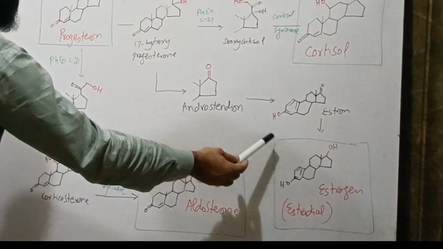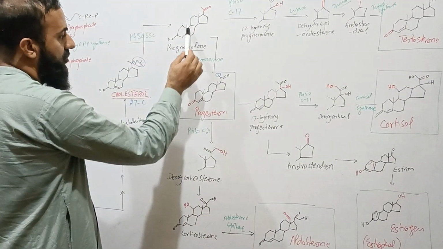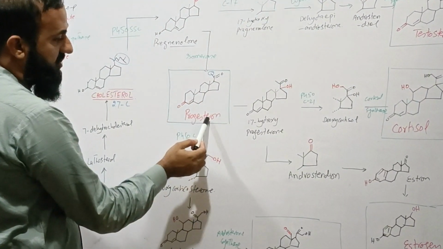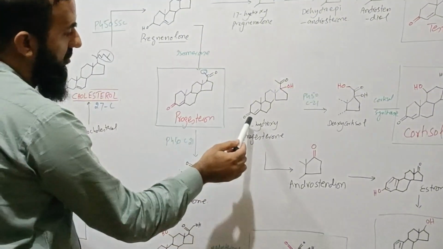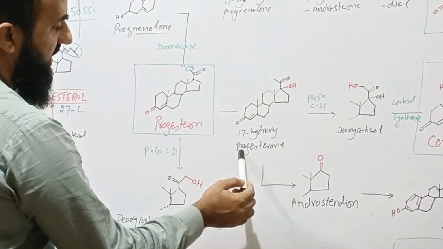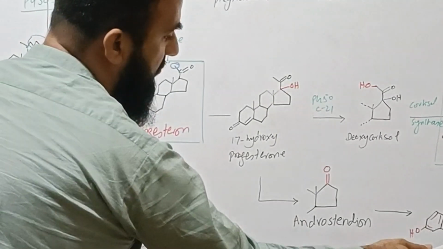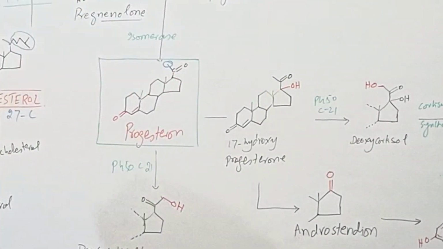So how is estrogen prepared from cholesterol? First cholesterol is changed into pregnenolone, isomerized to progesterone, and then progesterone undergoes changes to 17-hydroxyprogesterone, then androstenedione, estrone and then estrogen.